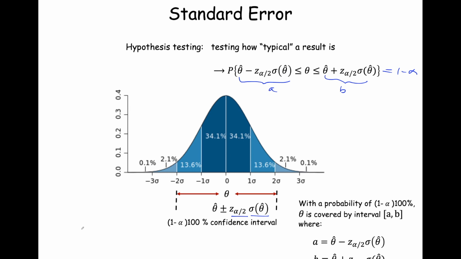So if we have our sampling distribution, as we had talked about, this is a sampling distribution for some parameter theta hat. We had a bunch of values, and we know that we have a mean of the sampling distribution, and we know we have the standard error of our sampling distribution.